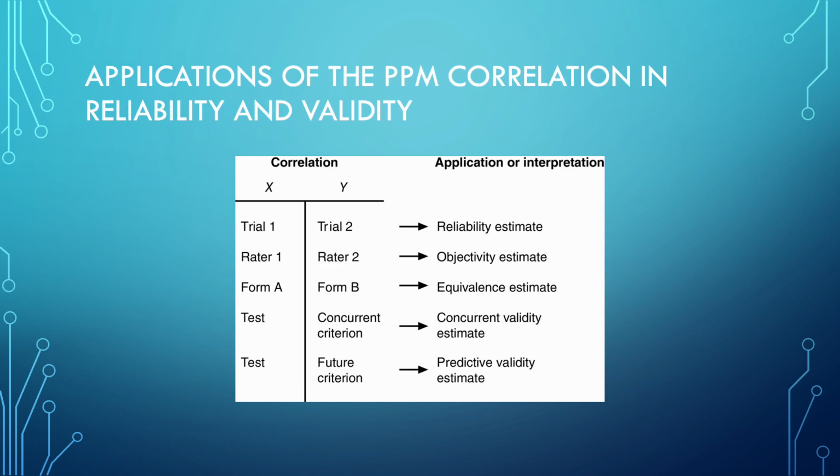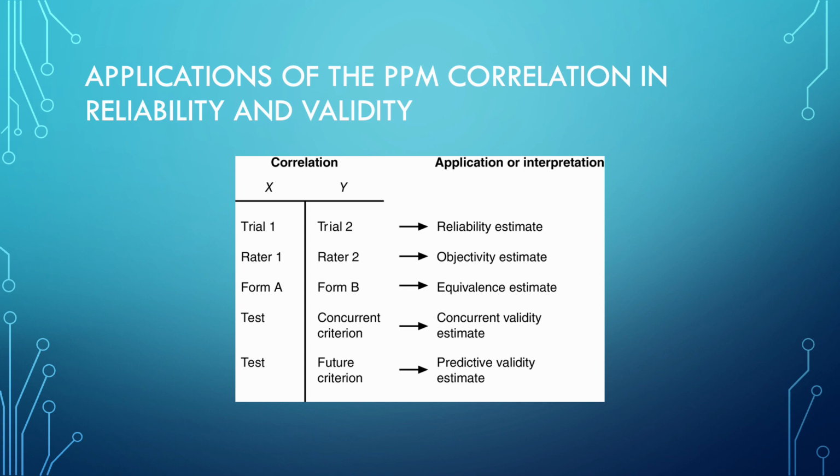This is figure 6.3 in your book, and it's the application of the PPM, which remember is the Pearson product moment correlation, and reliability and validity. You might see something like this on your test. This is something I would know. So if we're looking at that correlation between X and Y, and then that application or interpretation. So in the first line, we have trial 1 for the X and trial 2 for our Y, and that gives us our reliability estimate.